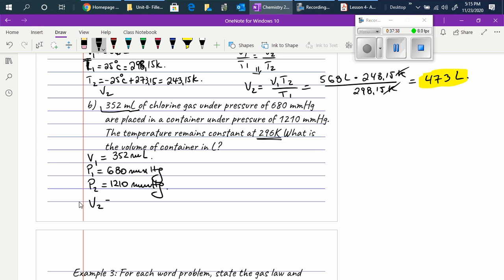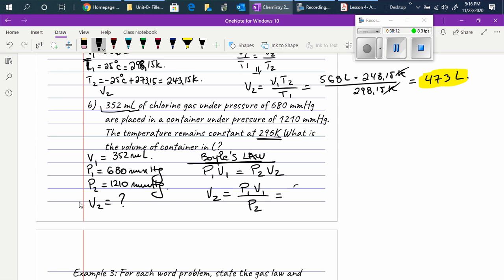Volume 2. What we do is use Boyle's law, because the temperature is constant and the amount is constant. In Boyle's law, P1 V1 equals P2 V2. From here, we find that V2 is equal to P1 V1 over P2.